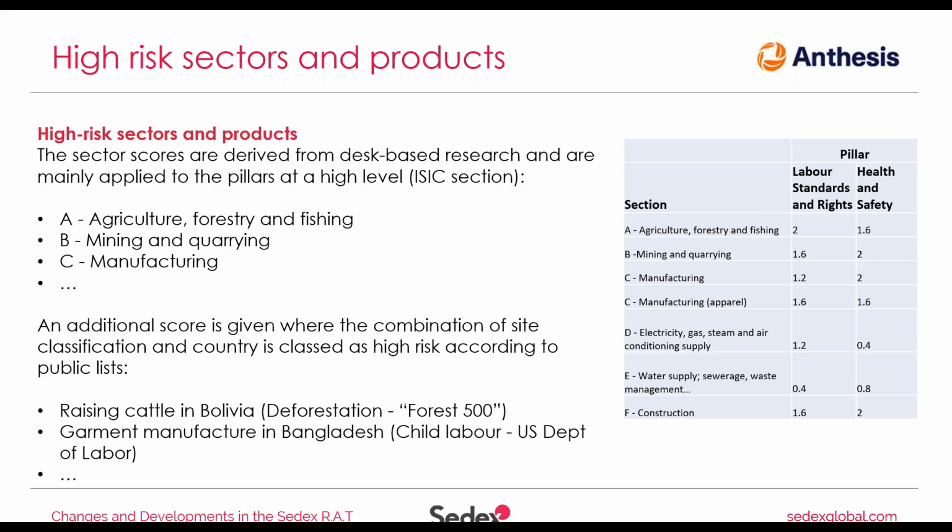And that really comes from where a certain combination of country and high-level ISIC section come together, and it's linked to a high risk according to public sources of information. We then give that additional boost of 1 or 2 points.